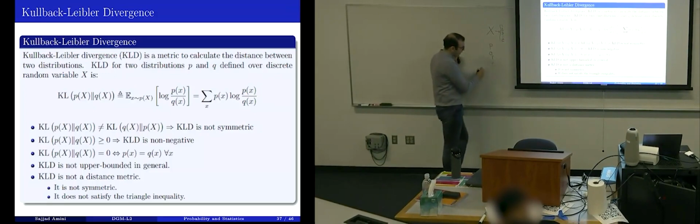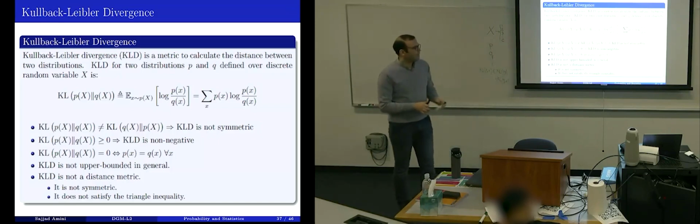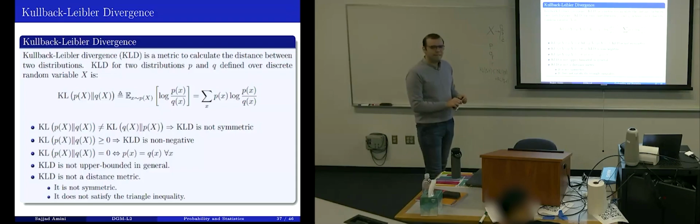It means that the KL between, for example, the first and the third should be less than or equal to the KL between the first and second, plus the distance between the second and third. It is not valid for KLD. So KLD is not a distance metric, but it is a great divergence for us.